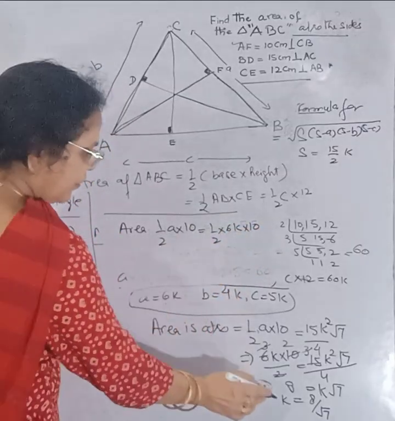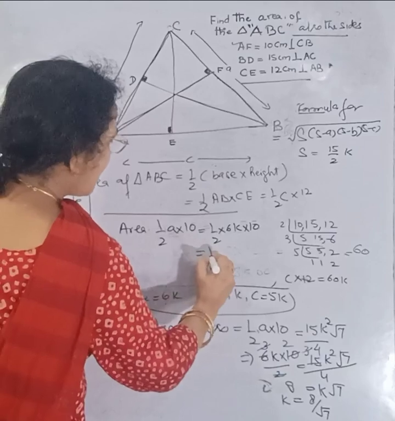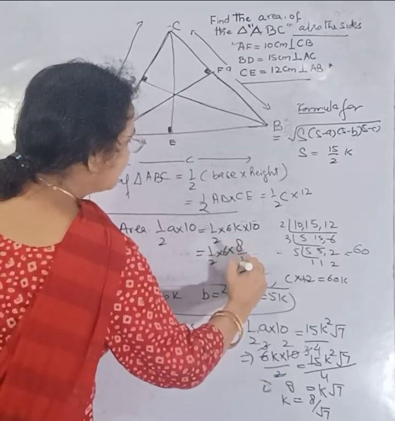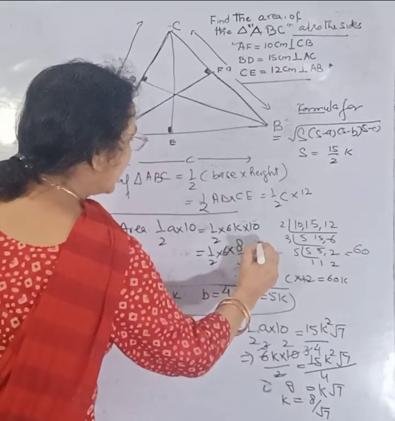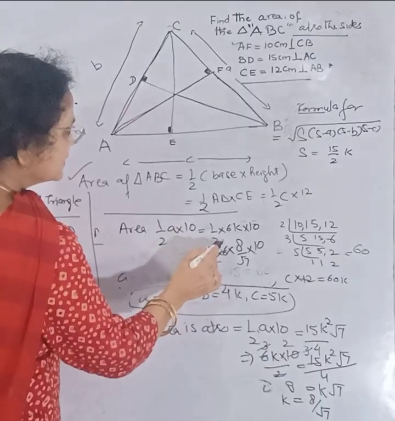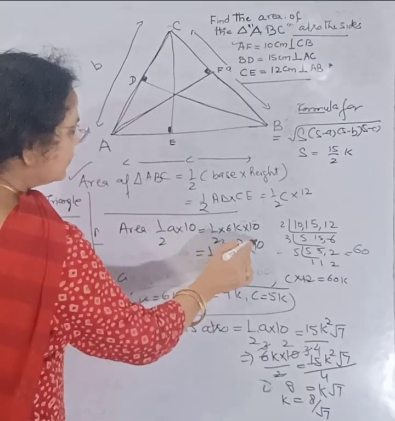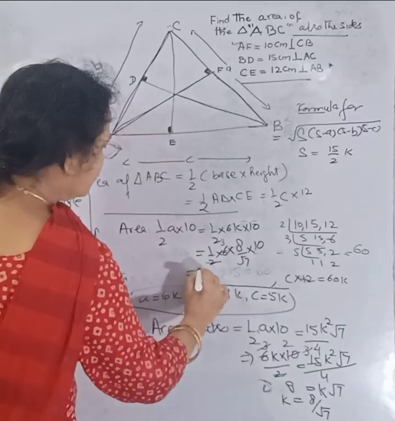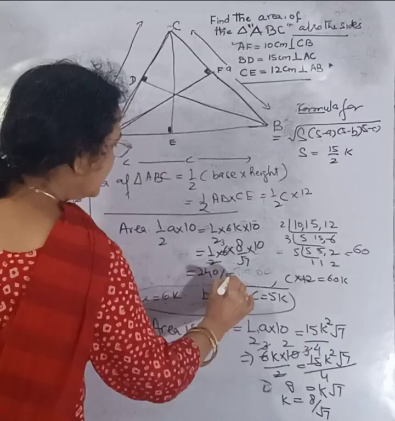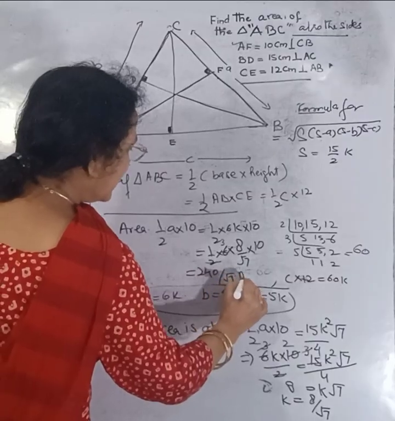The value of K is 8 upon root of 7, so 1 by 2 into 6 into 8 upon root of 7 into 10. We can cut this: 3 eights are 24 into 10, that will be equal to 240 root of 7, which is the area.